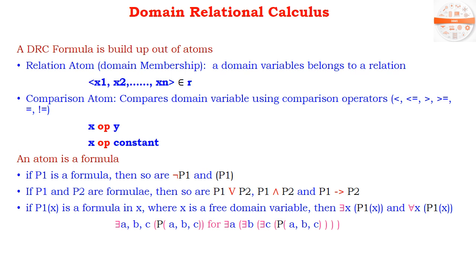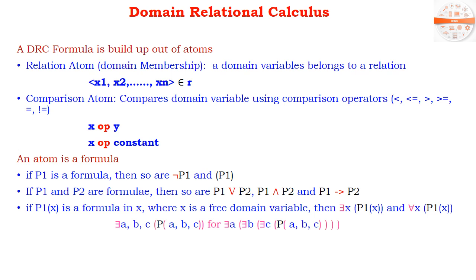It means comparing domain variables using a comparison operator, for example, less than or equal, greater than or equal, or not equal. The syntax is x, comparison operator, y, where x is a domain variable and y is also a domain variable. So now we are going to compare using a comparison operator, or the variable is compared with a constant using the comparison operator.